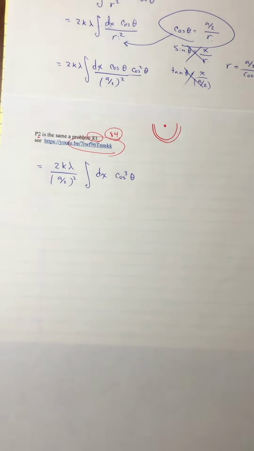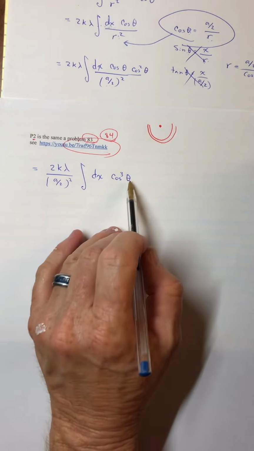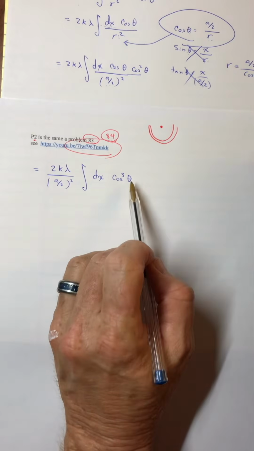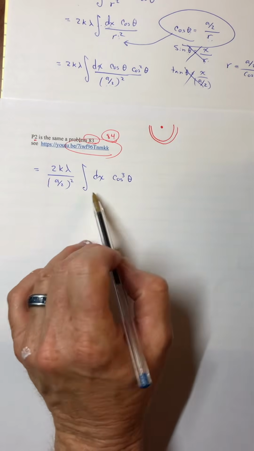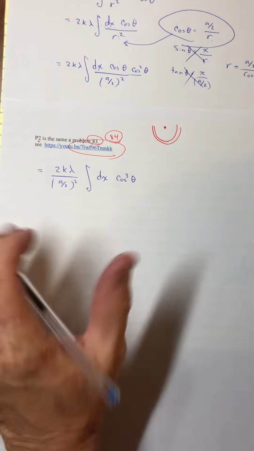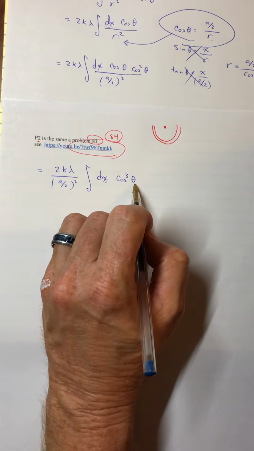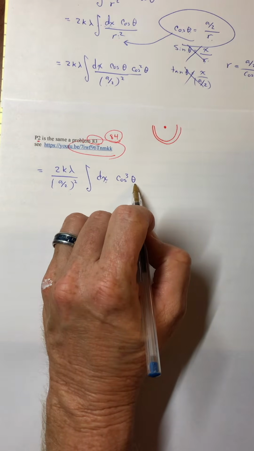All right, so good news here is I was able to get rid of one of the changing parameters, the r, and get it listed in terms of where I'm headed, which is a theta and a constant, and so I can pull the constant out. All right, so now let's play the same trick here. How can I relate x to theta? And I think we touched on that right here with the tangent.